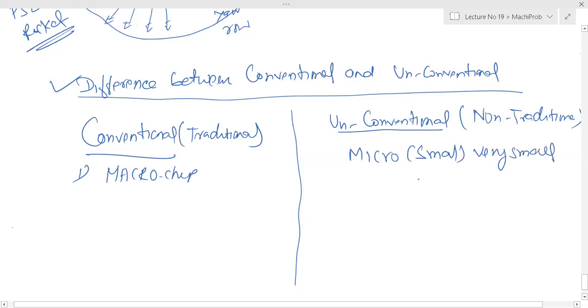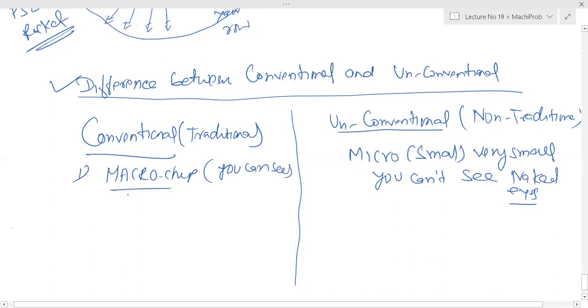You cannot see it by naked eye. And here you can see the chip, it is a bigger chip, and this is a very small chip.